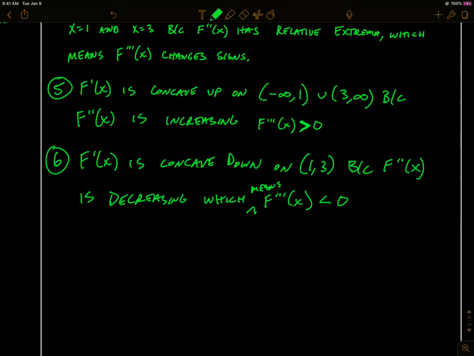Because if f double prime is decreasing, I know f triple prime is negative. Anywhere f triple prime is negative, f prime should be concave down.